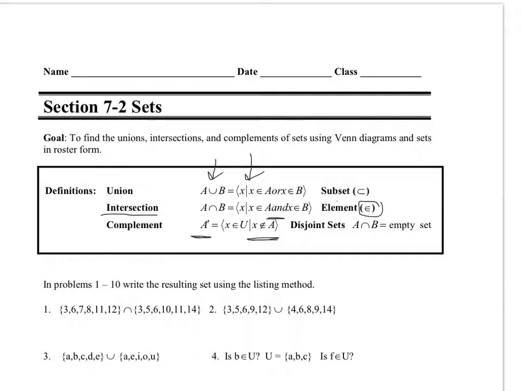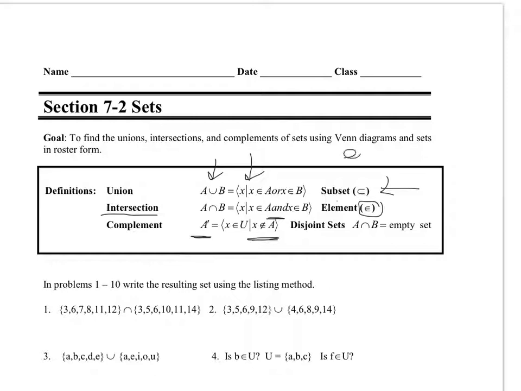I have a few more listed here. This one that looks like sort of an elongated C means subset. If something is a subset of another set, it means that everything in that set is included inside a bigger set.